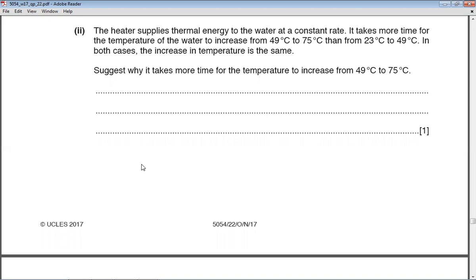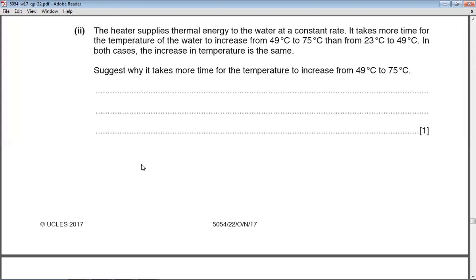And when the same water, when its temperature was 49 and it changed to 75, the change in temperature is still 26. But now the heater takes longer time. Why? That's the question. So just why it takes more time for the temperature to increase from 49 degrees centigrade to 75 degrees centigrade? That's the question.